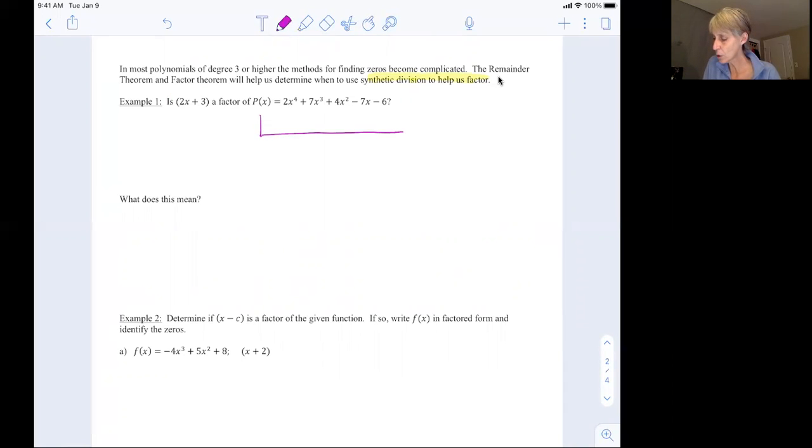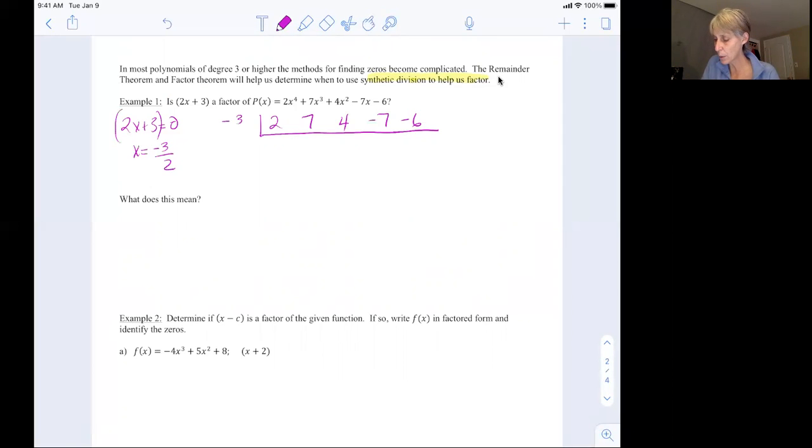So the easiest way, I think, is to just use synthetic division and see what you get for a remainder, because that means when I plug in that number, do I get a 0? I have to adjust this a little bit first. Remember, if 2x plus 3 is a factor, that means -3/2 will be our x-intercept.